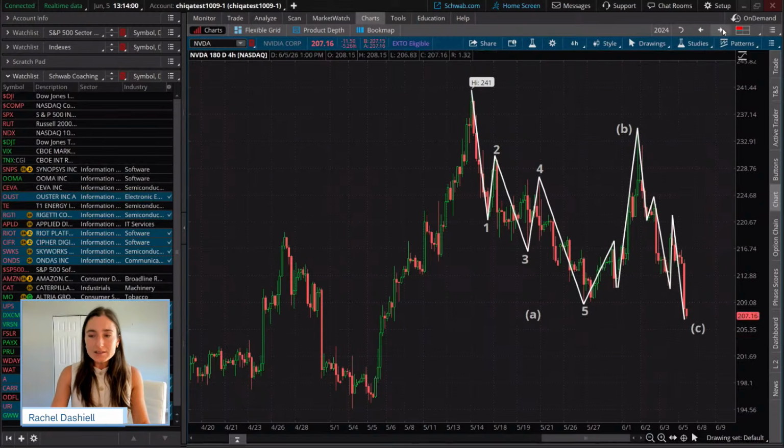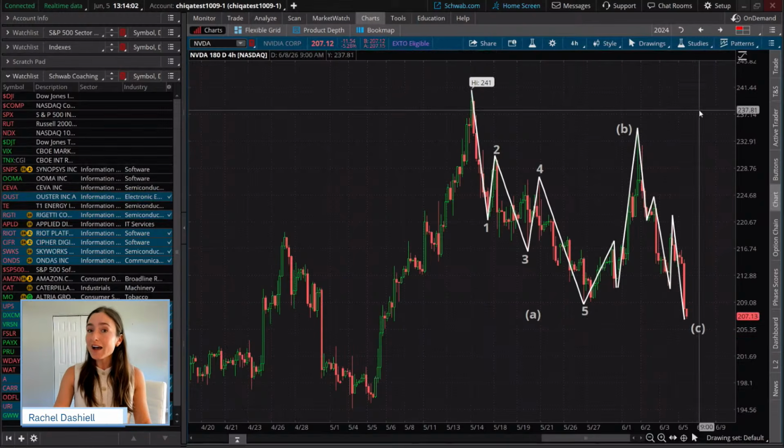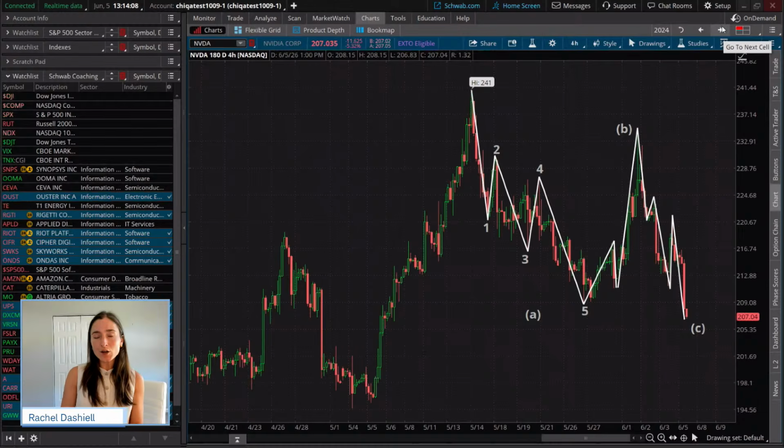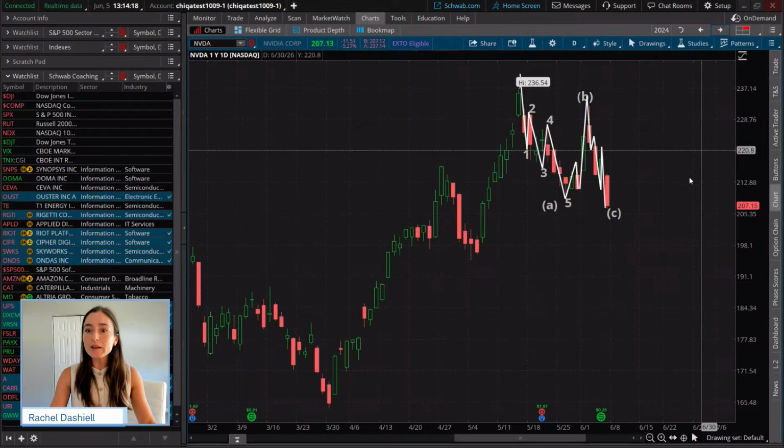Now, there are cases where you could actually have a double zigzag. In those cases, we call it a double zigzag or a double 3, where your labeling has to go a little bit differently as far as where you place your labels.